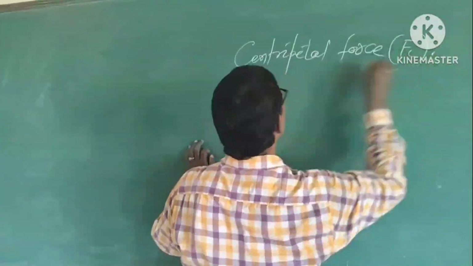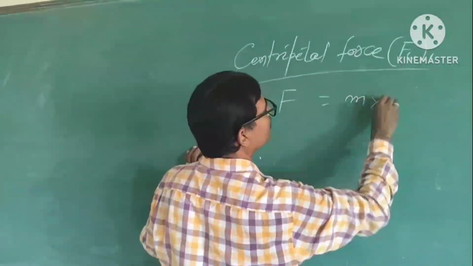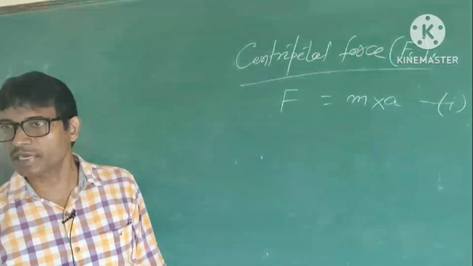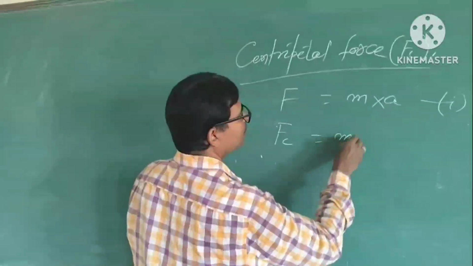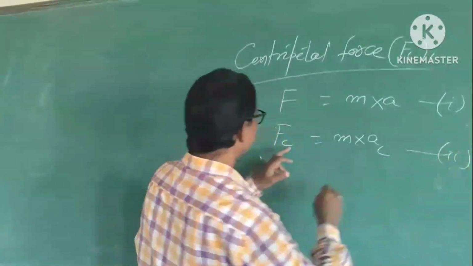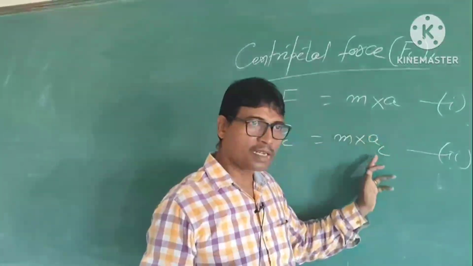Centripetal, you can write like this. You wrote F, from the second law of motion. Force is the product of mass and acceleration. Here we put F_C for centripetal force, here M, and here A_C. Learn this trick also. Centripetal force is the force which is produced by centripetal acceleration.